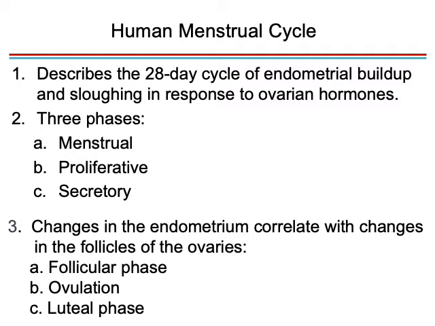And you can correlate the uterine phase with the ovarian phase. There is development of the follicles, ovulation, and then control of the possible pregnancy via the luteal phase. All of this together makes up the human 28-day menstrual cycle. Okay, shall we go with it?